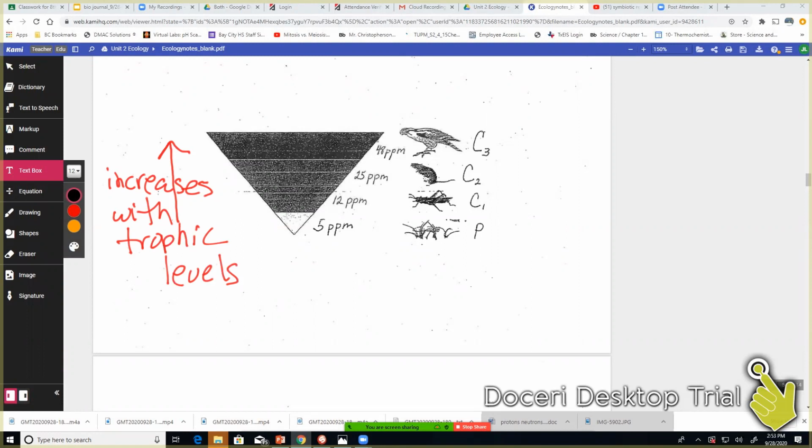Our energy pyramid was the other way around because it was decreasing. Our energy decreased as we moved up the trophic levels and moved through the food web, but this is opposite. This is called biomagnification, so it's actually increasing as we move through the trophic levels.